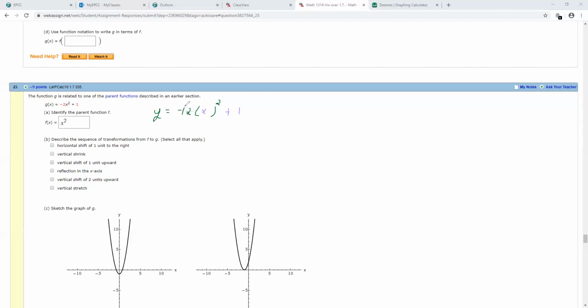You pick. Which one do you want to click first here? To select what we're doing, we're gonna do the vertical shift of 1 unit upward. So that's the last thing. Okay. And what's the first thing? Vertical shift of 2 units upward.